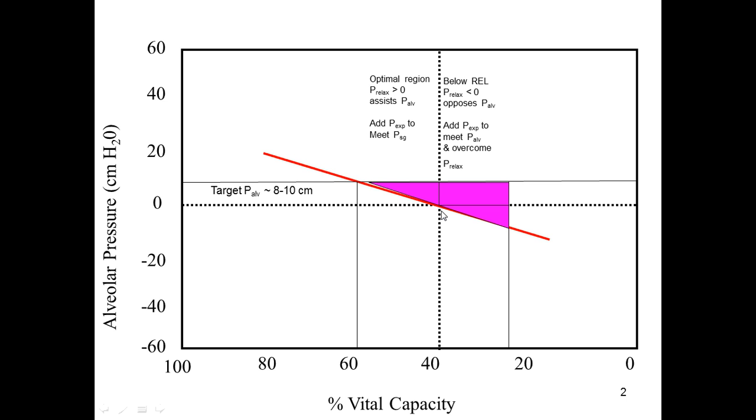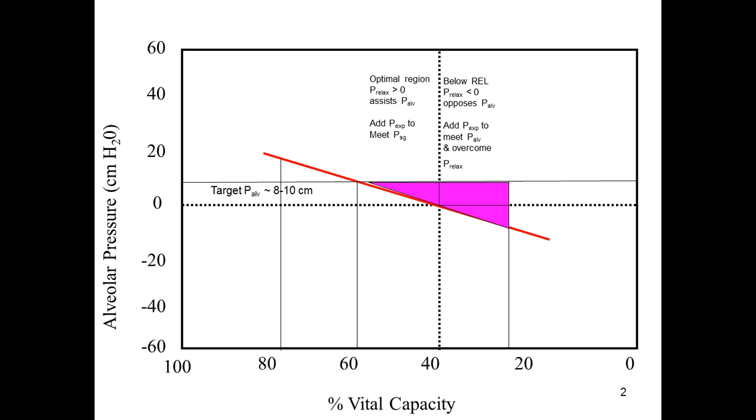Now let's think of a different situation where instead we take a larger inspiratory breath. So instead of going to approximately 60% here, we move up to somewhere around 75 or 80% of our vital capacity. In this particular case, you can see that the relaxation pressure, demarcated here by this red line, is higher than the target pressure that we want to establish for speech.